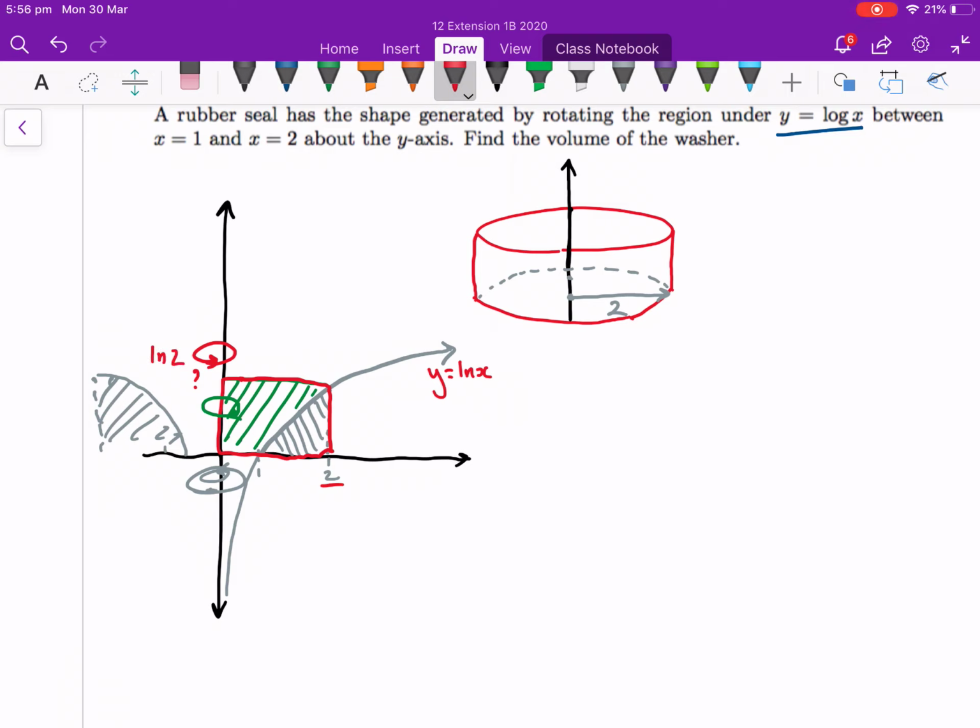So therefore we know the height from there to there is ln 2. We know that the volume of the cylinder is pi r squared h. So the volume here is equal to pi times the radius squared, which is 4, times h, which is ln 2. And we can write this then as 4 pi ln 2. Okay, that is our volume of the cylinder.